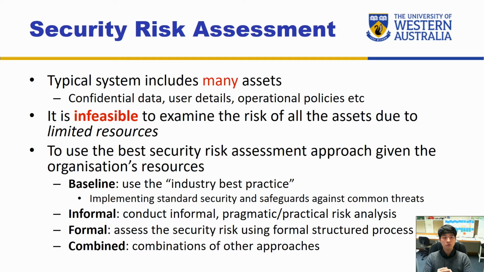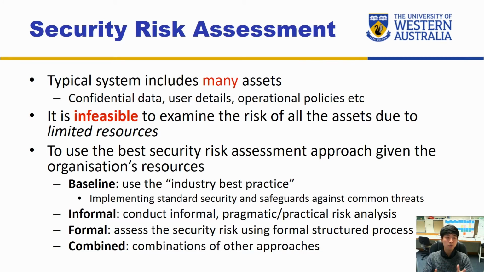So in order to provide the best security risk assessment approach, given the organization's resources, there are a few different practices that we can do. Firstly, the baseline is to use the industry best practice. So there are some guidelines on what people need to do and what not, and people will just follow that. However, this is quite limited, as this is only knowing what you can do to provide that really basic level of security.